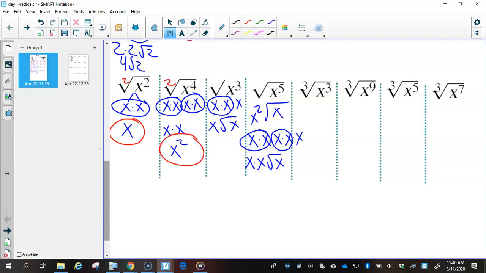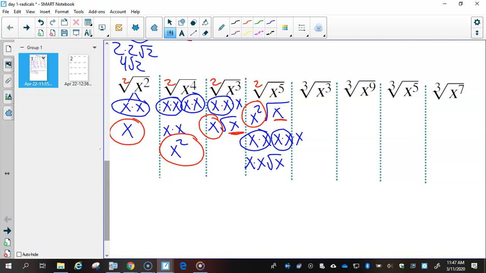Twice, with none left over. This is a square root, 2 goes into 3 how many times? Once, with 1 left over. So you could do that with your variables only, not with your numbers. And the same thing here. This is 2 goes into 5 twice with 1 left over. That method always works. Now for your cube root, we now need groups of 3, no longer pairs.